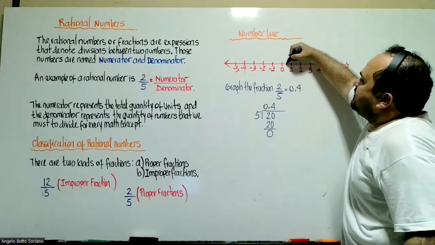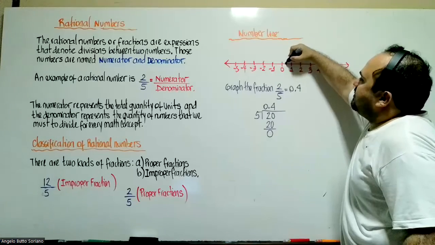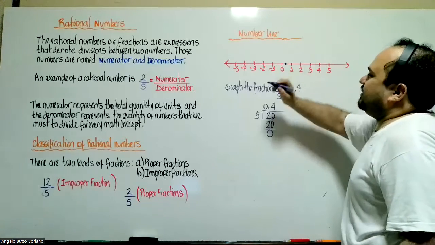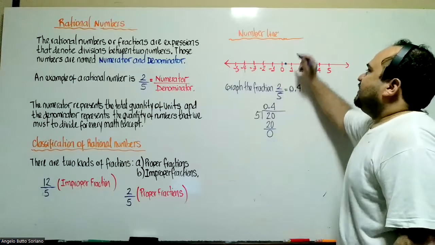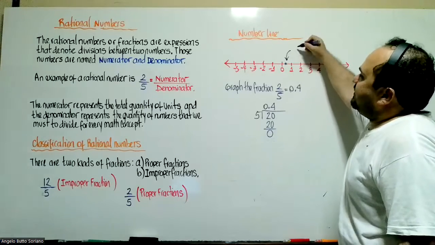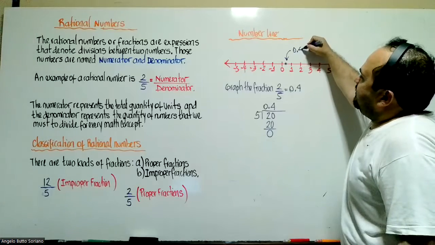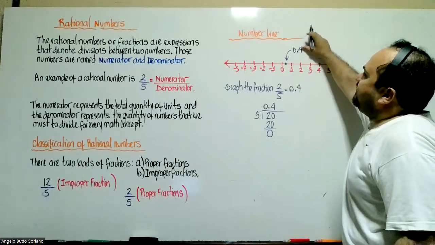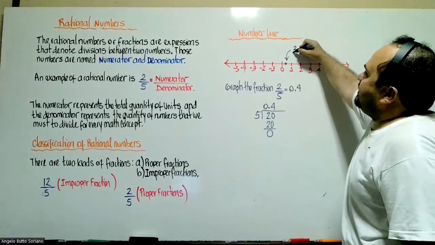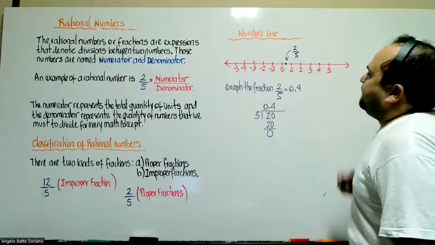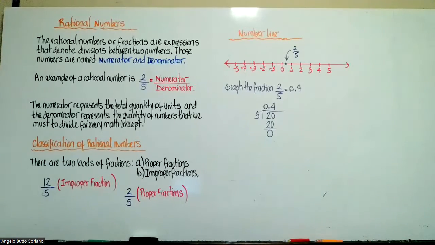So we represent 0.4 a little bit to the left side of 0.5. And here we are, we have the fraction 2/5 as 0.4 in decimal numbers.